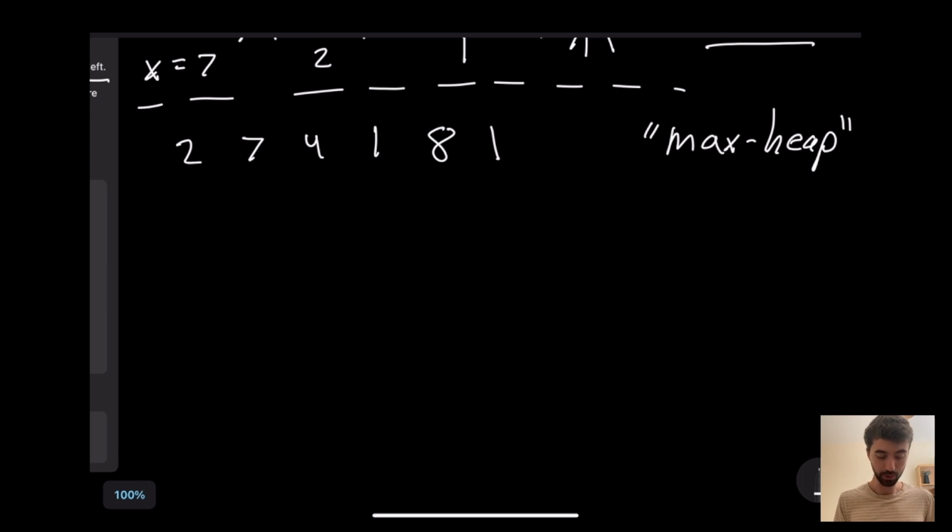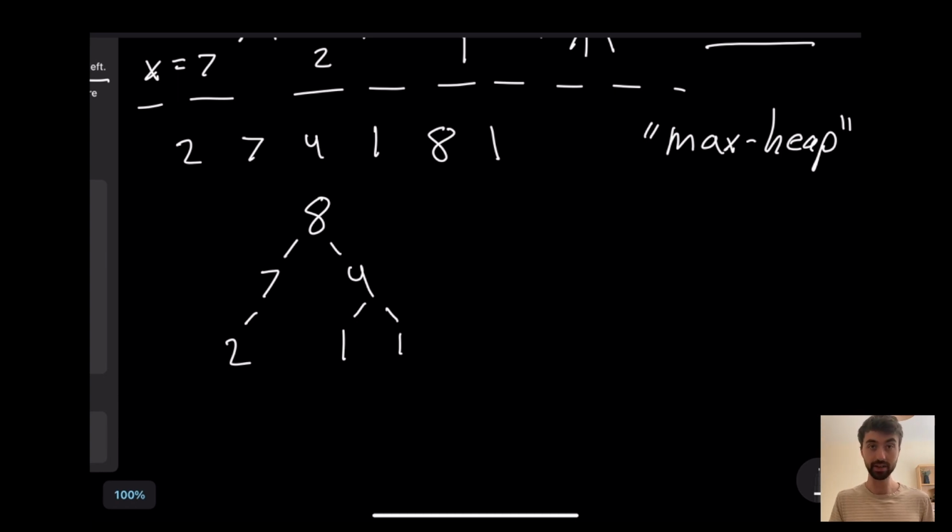where the largest values in the heap are at the top, at the root of the tree. So in this case, we would want our heap to look something like 8, 7, could do 4, could go with 2, and then we would add our 1s, something like this.